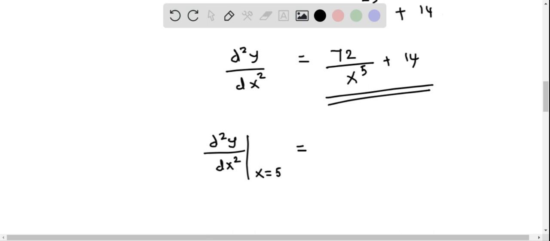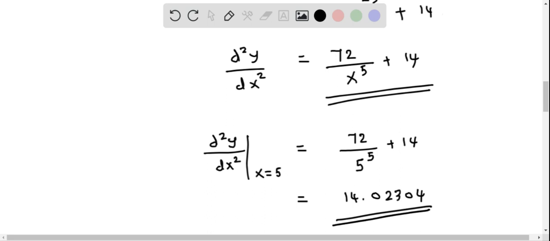We write like this. This is equal to 72 over, we replace x by 5. So therefore this becomes 5 power 5 plus 14. And we can plug this into the calculator. When we do that, we get the value as 14.02304. So this is the value of the second derivative evaluated at x equal to 5.